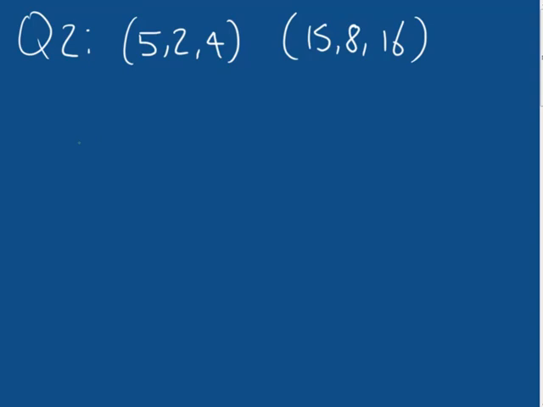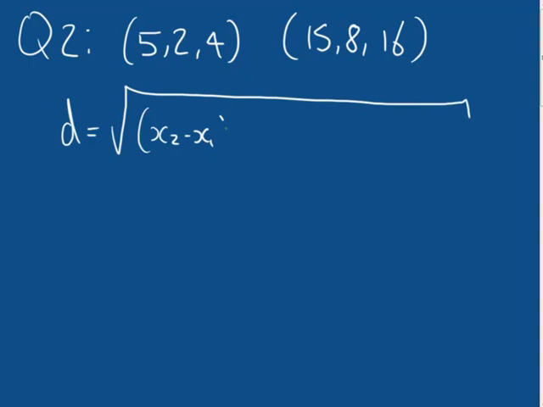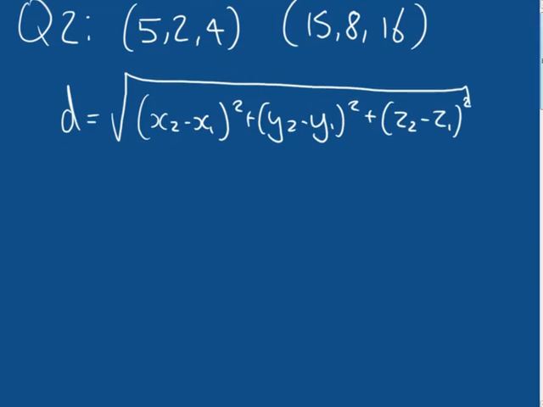Okay, welcome back everyone. So we know our distance is equal to the square root of (x2 minus x1) squared plus (y2 minus y1) squared plus (z2 minus z1) squared. Let's just plug our numbers in again. Doesn't matter which point is x1, y1, z1. I'm just going to grab this one because it's here on our left first. So let's plug our numbers in.